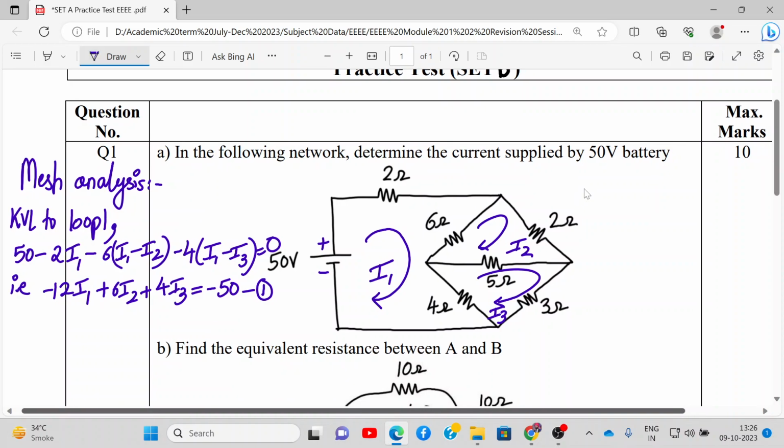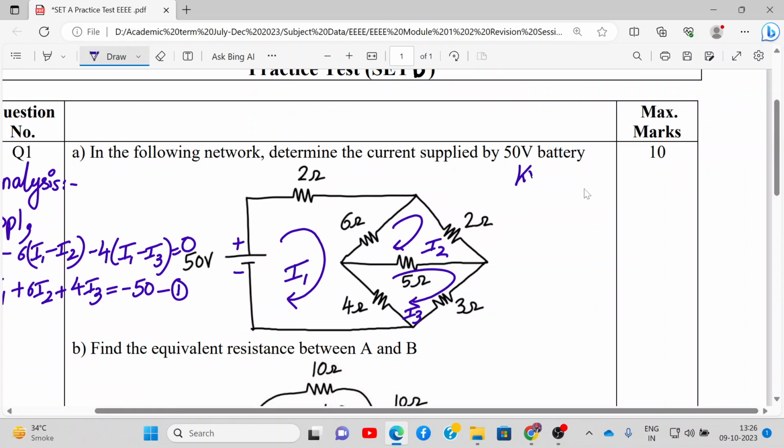We require three equations. So we'll apply KVL now to loop 2. Loop 2 is over here. Okay, let me mark it. So this is my loop number 2. The 6 ohm resistance is set between loop 1 and 2, and the 5 ohm resistance is set between loop 2 and 3.